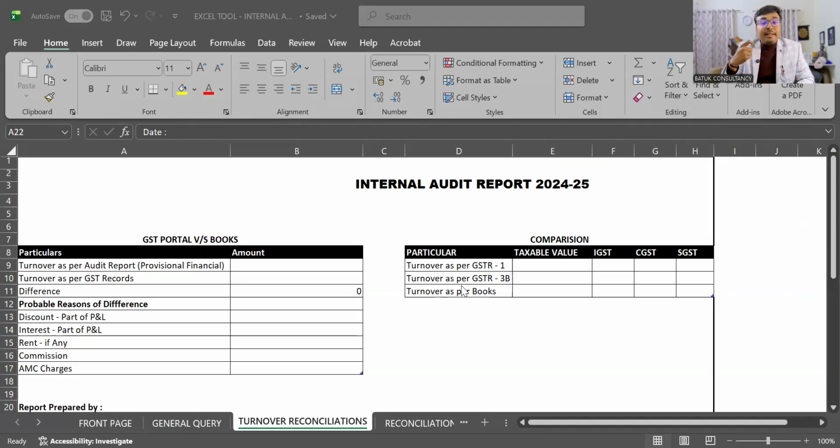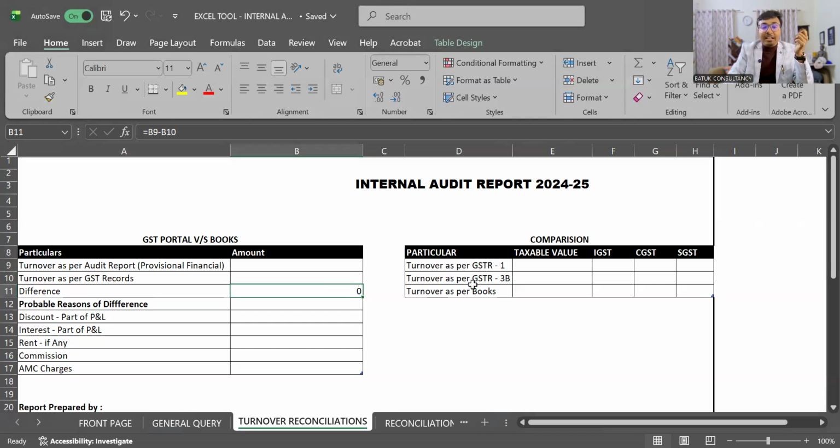In that case, we are reconciling our turnover as per the audited financial statement. If you are doing this type of audit on a half-yearly or annual basis before the income tax audit, then you may take the provisional financial statement generated from the accounting software and compare with the GST records, GSTR 3B and GSTR 1.